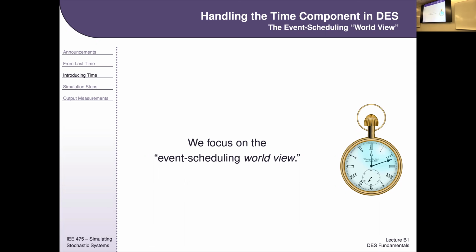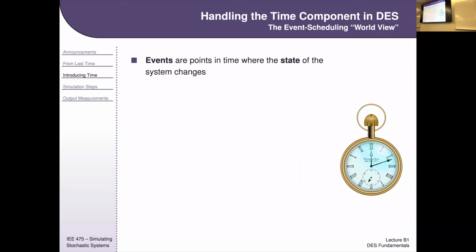In discrete event systems, we focus on events, where we jump in irregular steps from event to event to event. Events are points in time where the state of the system changes. So it might be like in this classroom, a bunch of people arrive all around 10:30, and then maybe somebody arrives at 10:37, and then nobody arrives after that.